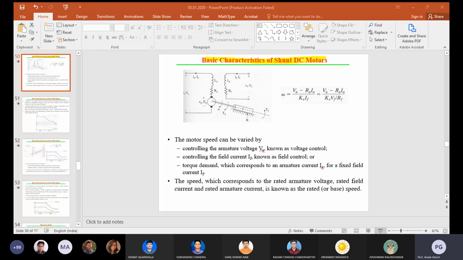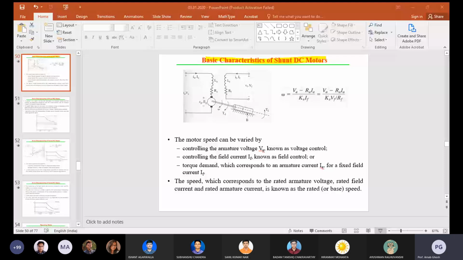Okay, so what are the operating modes? If you want to go for regenerative braking, EG value is more than your VA. Suppose that situation occurs, then the additional EG current will flow from the motor armature to the source.